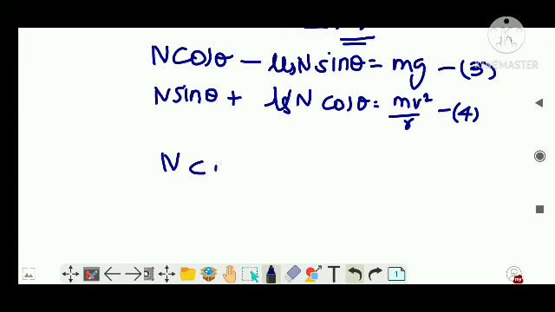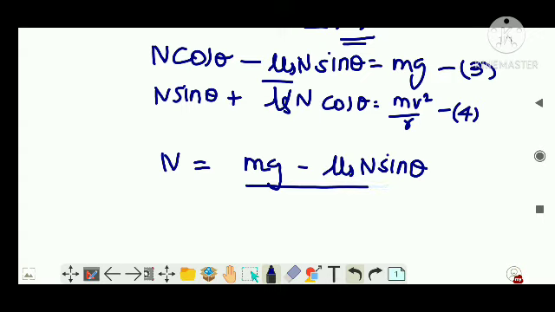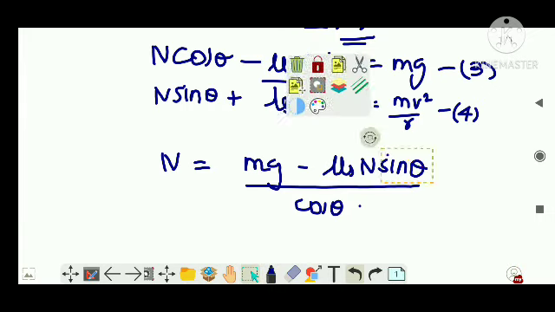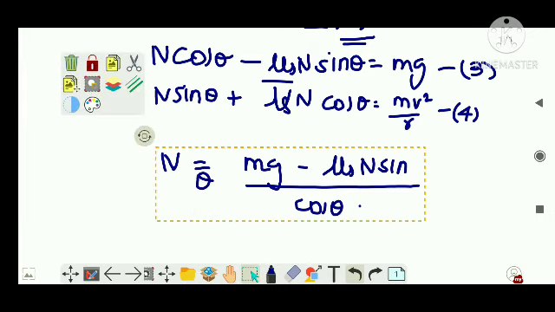In the third equation, I'm going to do some adjustment, skipping a step. Sorry, I'm going to change this one because it looks odd.